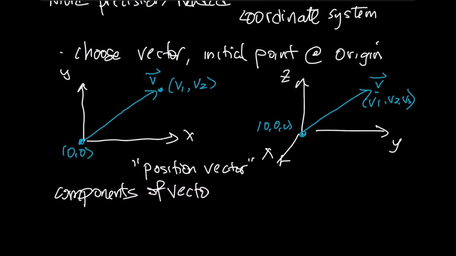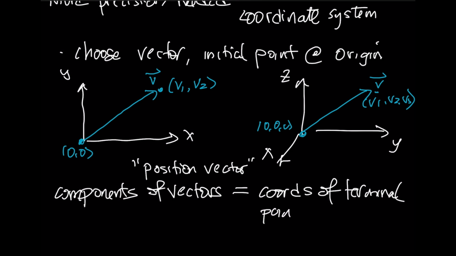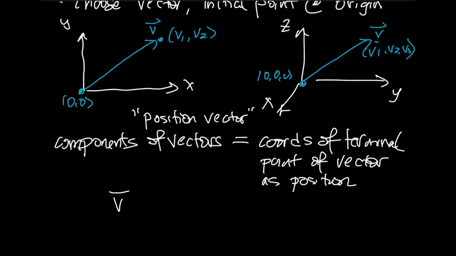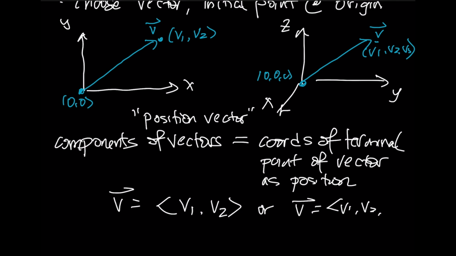The components of the vector are essentially the coordinates of the terminal point when we put the vector as a position vector. We will say v, we're going to put this pointy set of brackets and say v1, v2, or v is v1, v2, v3.